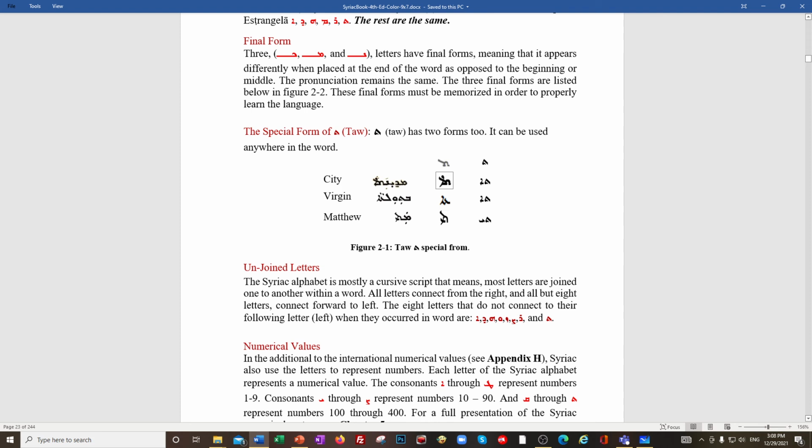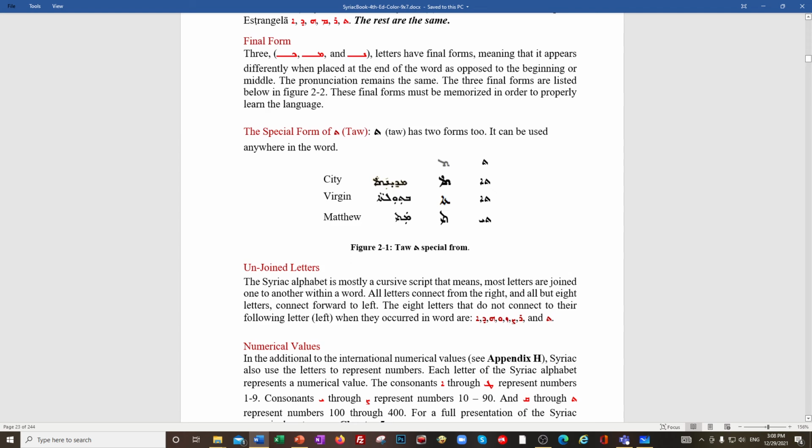Sometimes you're going to see it depending on who wrote the book. It's going to be written like this, like in Mvita, city. And also the Tau Alep at the end, that's how the book is going to show it in this 4th edition.